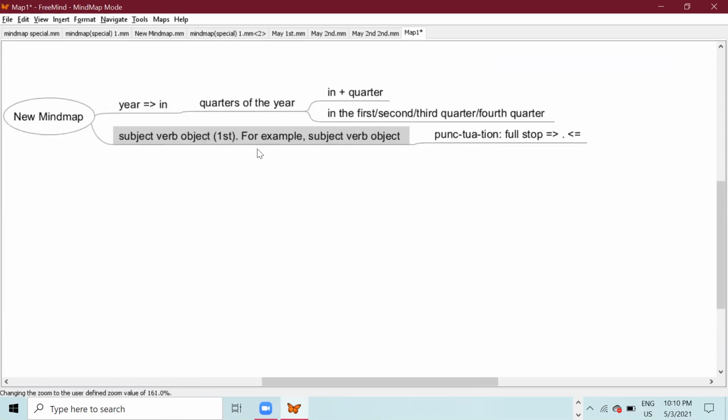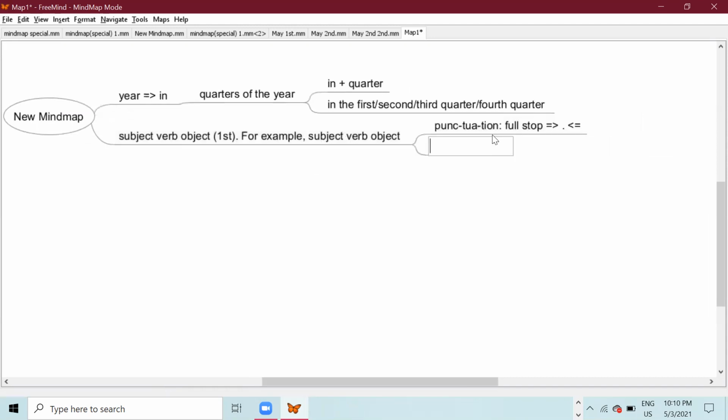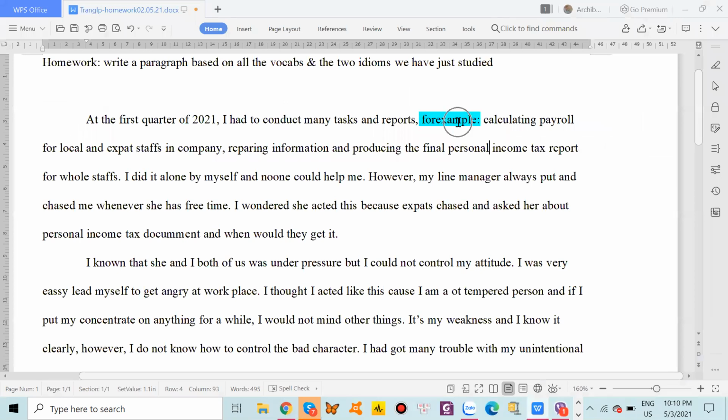So the words "for example" will begin the next sentence. Please remember this one. Do not combine "for example" with the very first sentence. This is wrong. So you need to delete the comma and begin a new sentence.